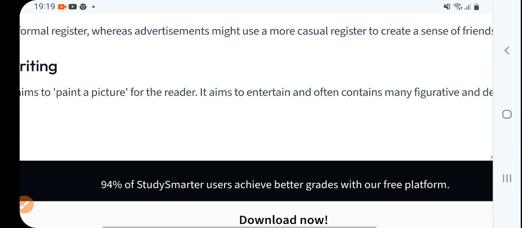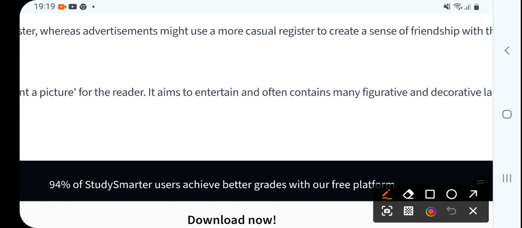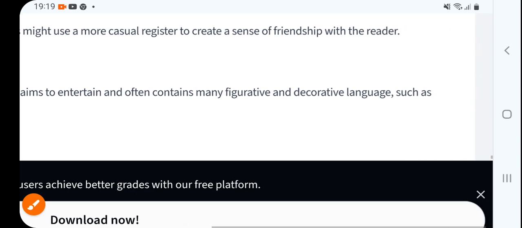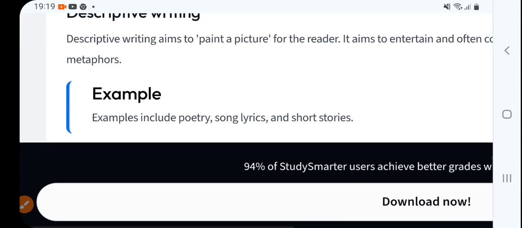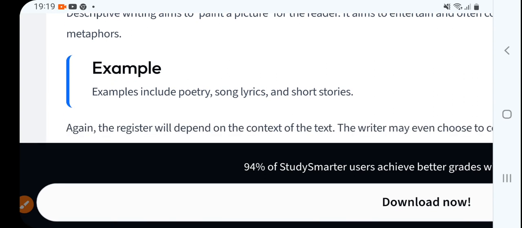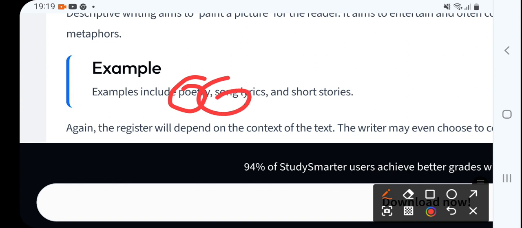So descriptive is where we use figures of speech or decorative language, such as metaphors. Examples include poetry, song lyrics, short stories.